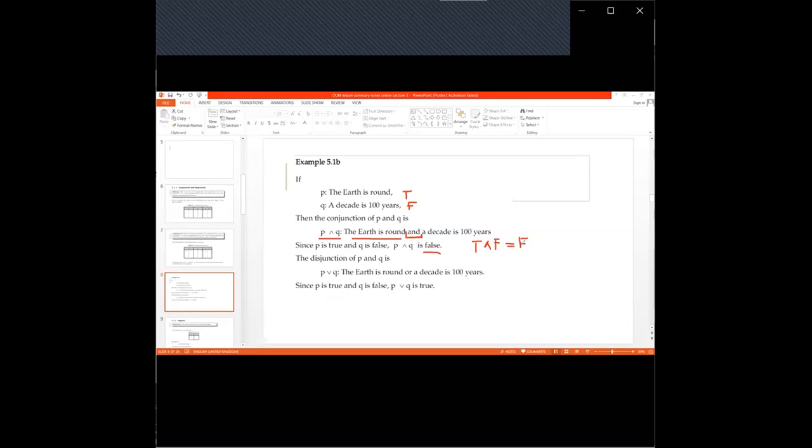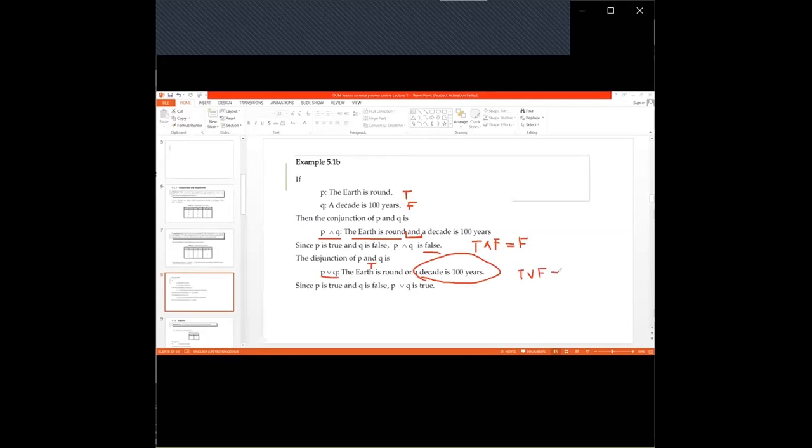On the other hand, the disjunction of P or Q will be written as the earth is round or a decade is 100 years. We know this part is false, but the very fact that this statement is true makes it true or false, which is what?